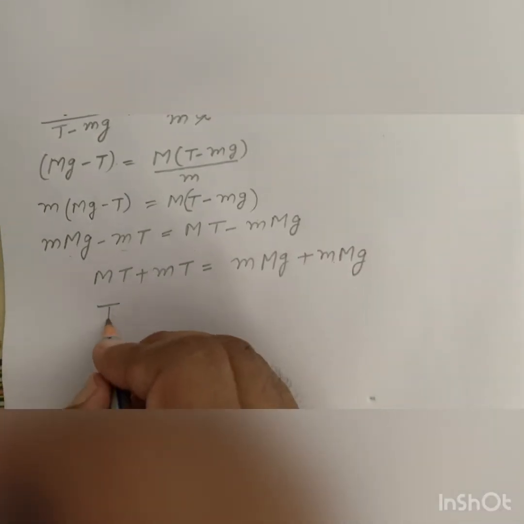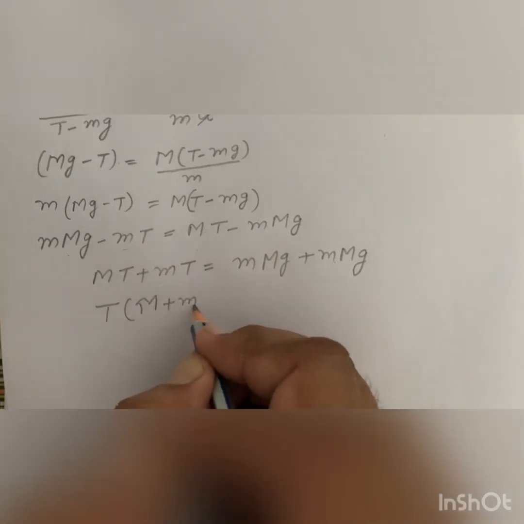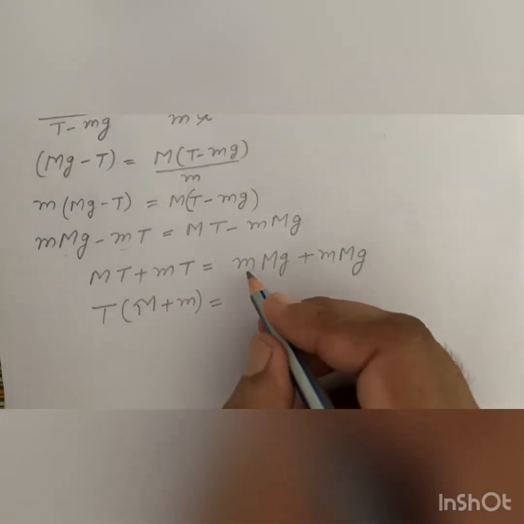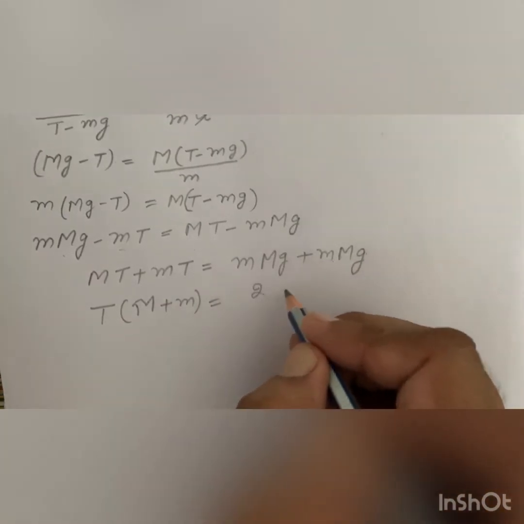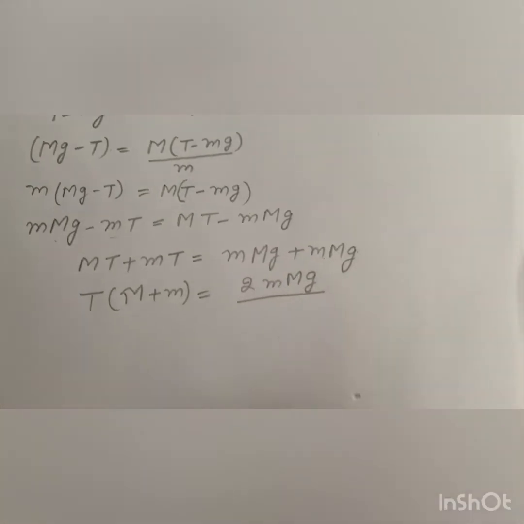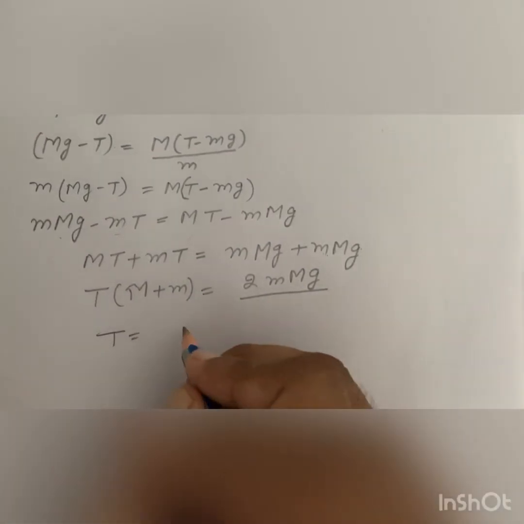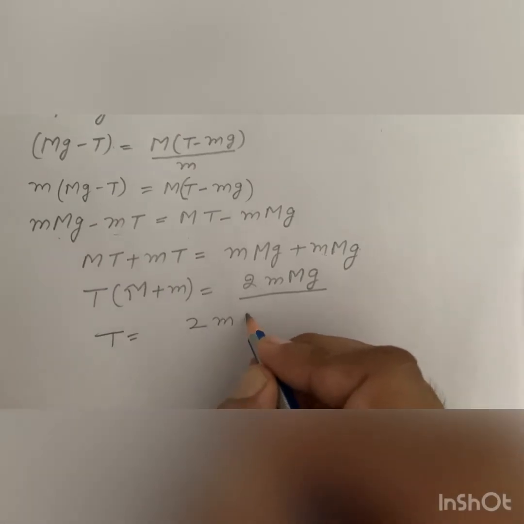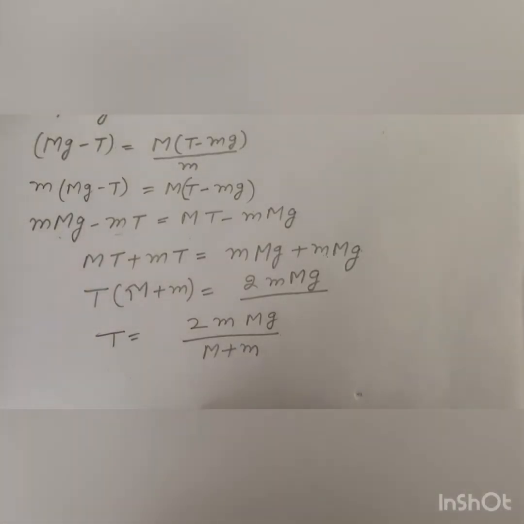Or we get T(M plus m) equal to, here we know that mMg plus Mmg is equal to 2Mmg. So we can write T equal to 2Mmg over M plus m. So this is the tension in the string.